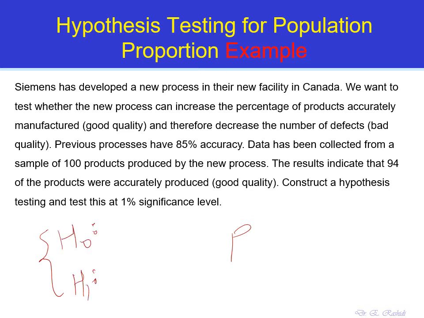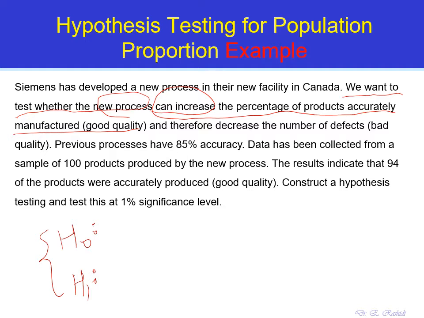So let's figure out what the hypothesis should be. Should it be a two-tailed test, a lower tailed test, an upper tailed test? So let's go back to gather information from the problem statement. It says we want to test whether the new process can increase the percentage of products accurately manufactured, or the percentage of good quality product. So this tells us that there has been a change.